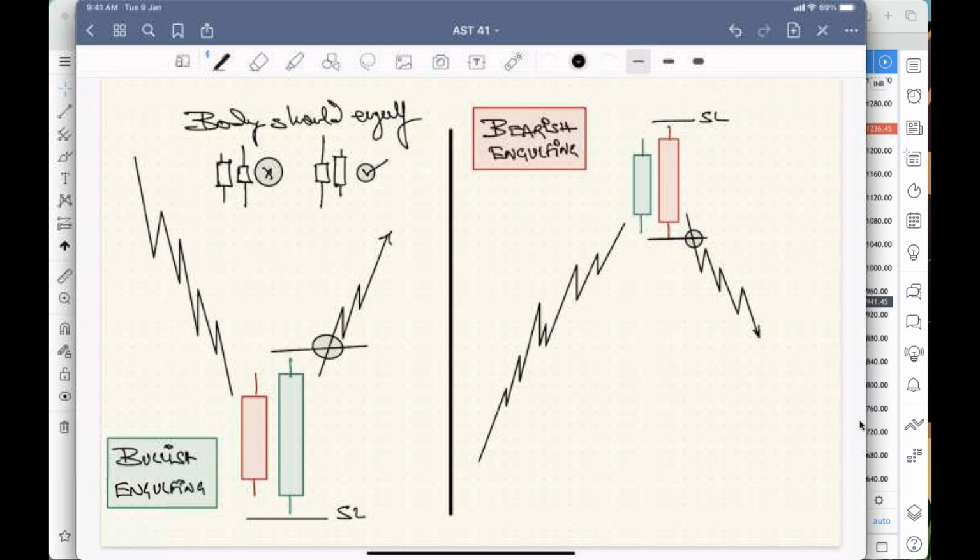It's a 2 candlestick pattern. So bullish engulfing and bearish engulfing. Okay. There is another variation of this engulfing pattern which is not there in your curriculum. It's called the piercing line and the dark cloud cover. You can check it later.